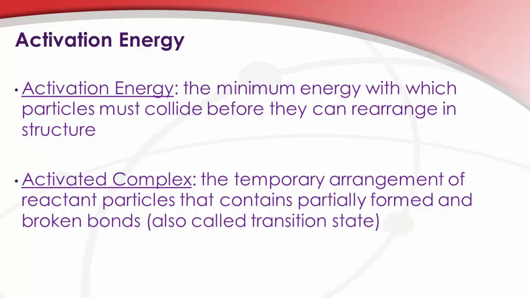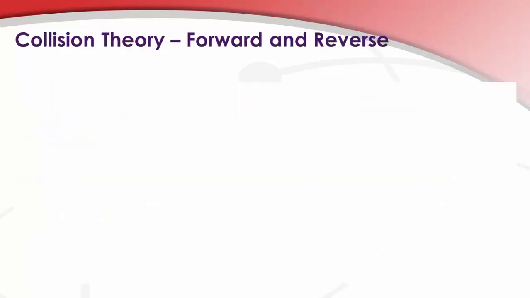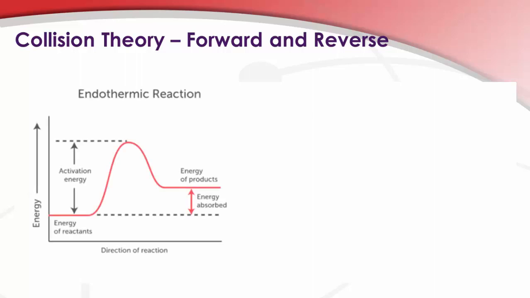It's a temporary arrangement of reactant particles that contains partially formed and broken bonds, and we sometimes call this the transition state. So this is typically a short-lived beast. Now, this is entirely consistent with our ideas of energy of reaction, and in fact we're going to bring up some diagrams we've already shown before.